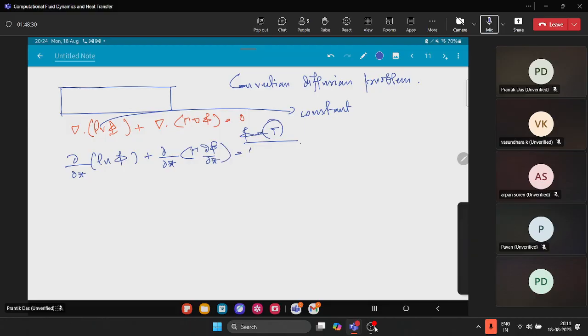If it's a 1D problem, for example, this is the x-axis, and the convection and diffusion are only happening in the direction of the x-axis itself. This one is y, this one is z, and this one is x. So x starts from 0 and goes to L, so x equal to 0 to L.